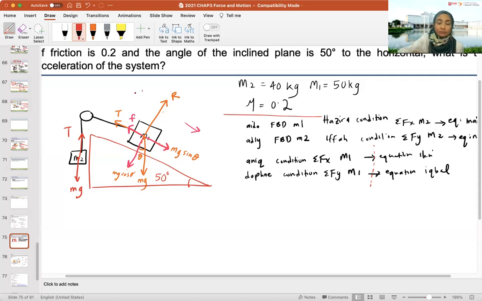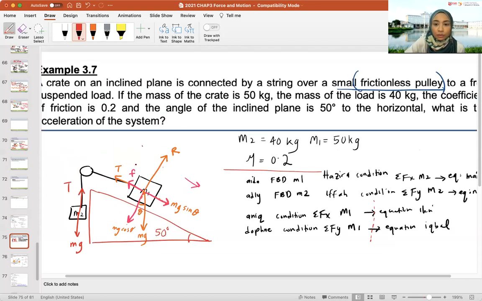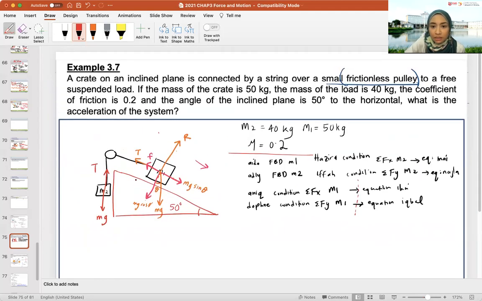Okay, jawapannya sama tapi bukan sebab dia tergantung tapi sebab dia cakap dalam soalan is a frictionless pulley. Okay, kan saya bagi tahu kalau pulley korang smooth ataupun frictionless, tension yang bersambung dengan pulley ni akan sama. So kat sini dia smooth. Okay, so take note semua orang and Adli. Kalau dia smooth, tension akan sama.